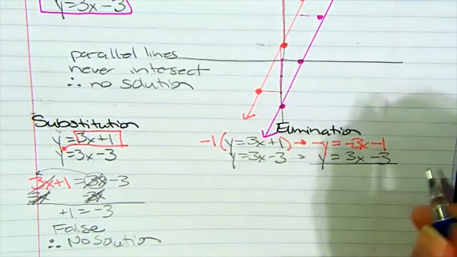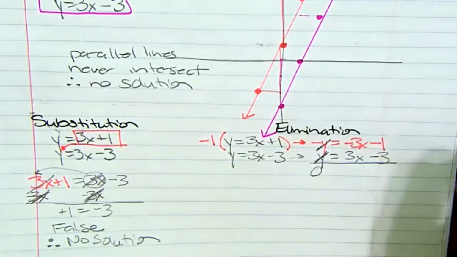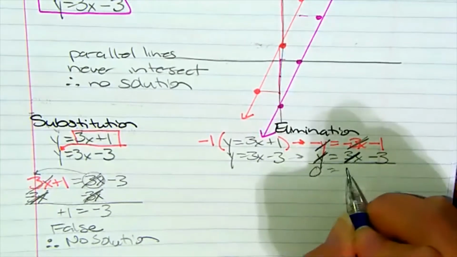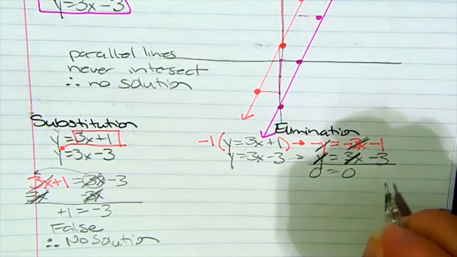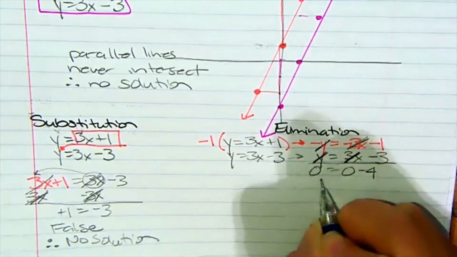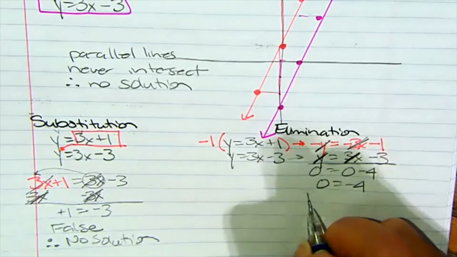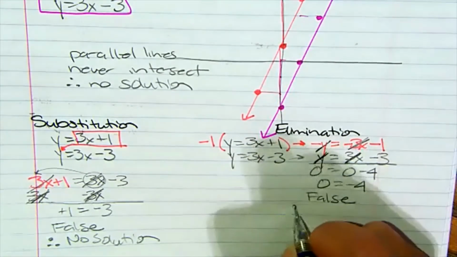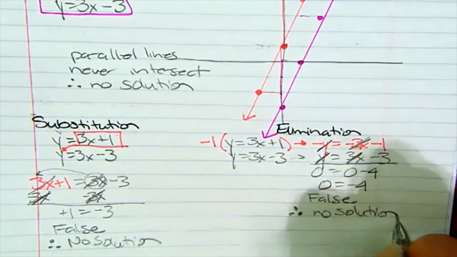Okay, negative y and y, these guys cancel, so I'm left with 0 equals, these guys cancel, which is 0, and negative 1 plus negative 3 is negative 4. 0 equals negative 4. This is a false statement. It is not true. Therefore, no solution.